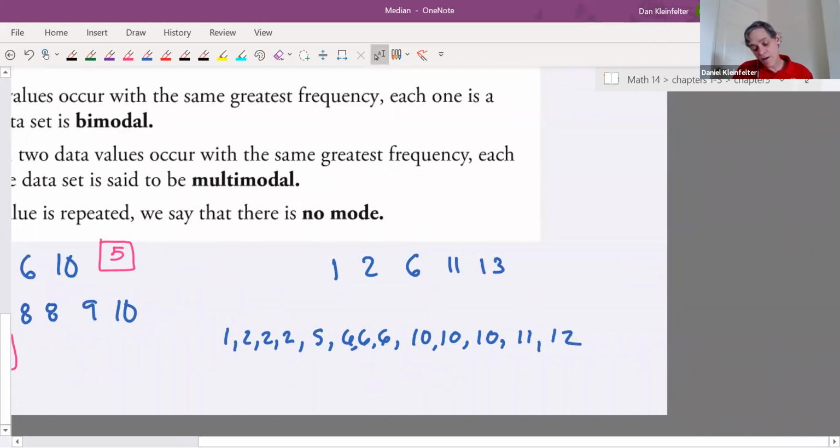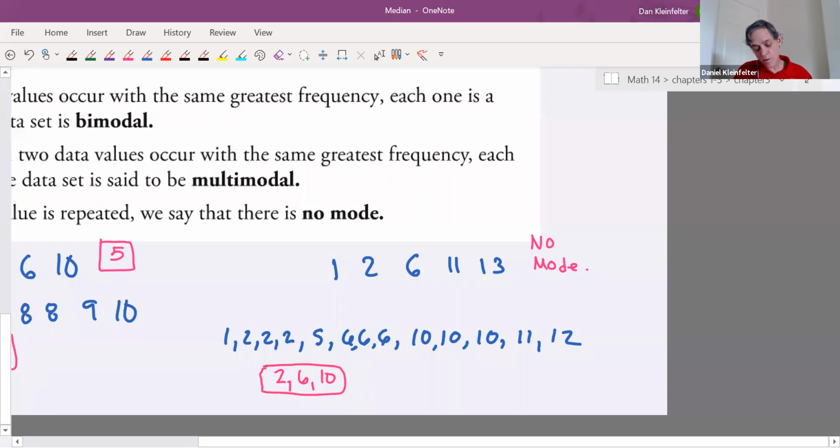For the next one, we have 1, 2, 6, 11, and 13. So this one, there's no mode. For the last one, I'm seeing 2s, 6s, and 10s all occurring 3 times. So it looks like this one is multimodal. There are 3 modes, 2, 6, and 10.